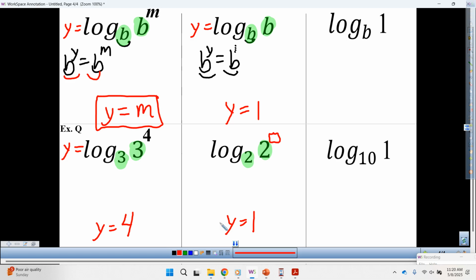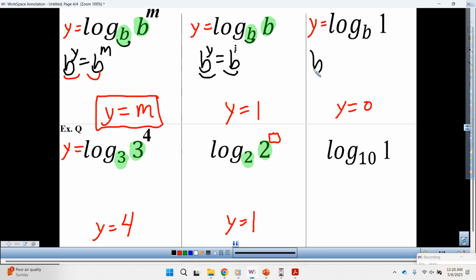How we doing? Not bad? Last one. Here it goes. Whenever you have a log with a certain base and the given number is 1, the answer is always 0. All right, let's prove it. Set this equal to y. Change it to exponential.